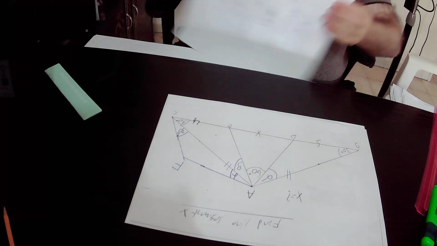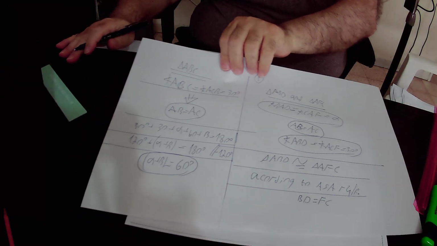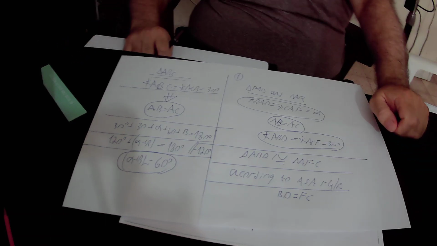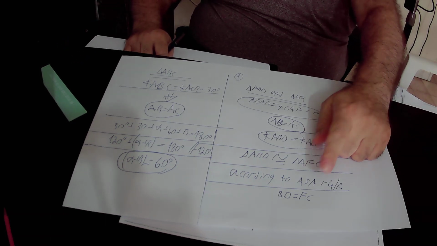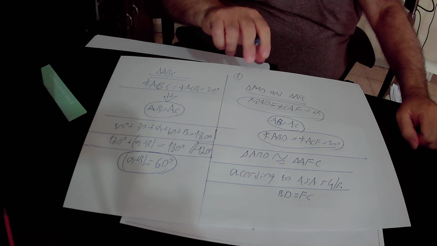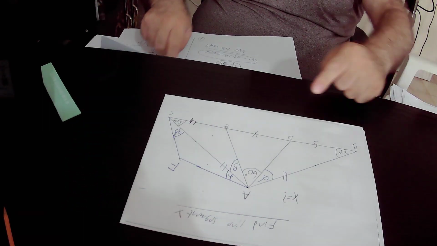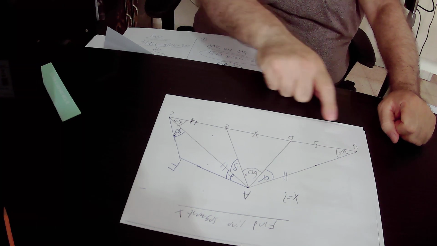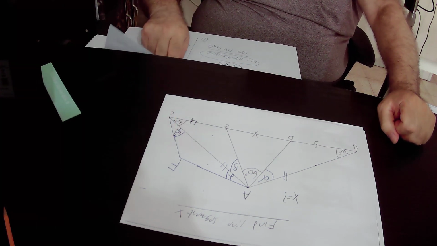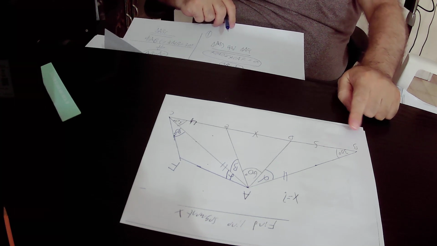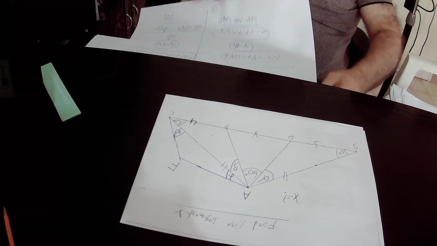So here side BD equals side FC according to the rule that corresponding sides in congruent triangles are equal to each other. Those two triangles are congruent, therefore the corresponding sides, that is BD and FC, must be equal. But according to what is given in the question, side BD equals 5 units.